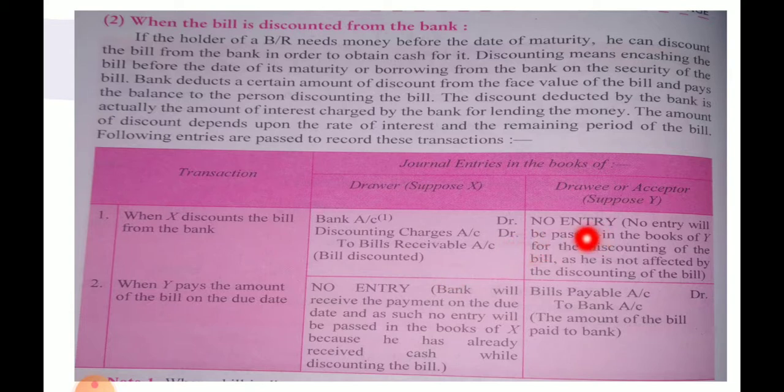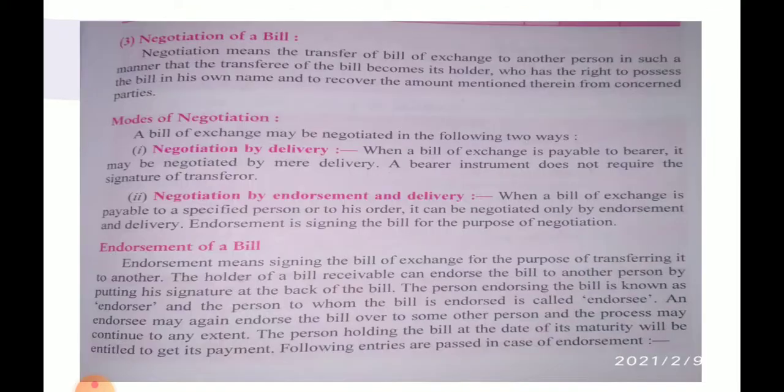But in the books of the drawer, because he will only deposit the money on the date of maturity, there will be no entry. And when there is the date of maturity, because X discounted the bill before the date of maturity, there will be no entry. But on the maturity date, in the books of the acceptor, they duly pay their amount to the bank, so there will be an entry of Bills Payable to Bank.